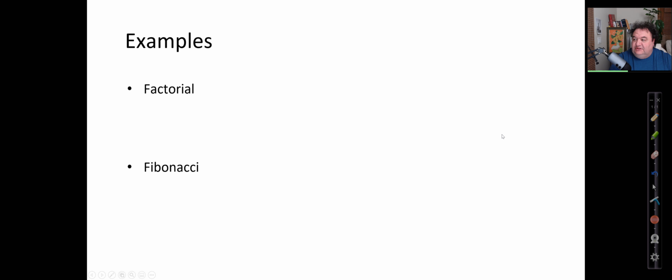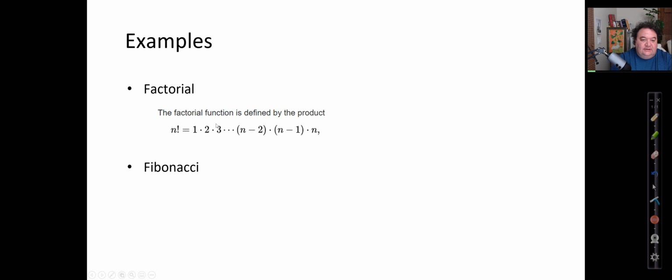So just to give a practical indication of how recursive functions work, we'll focus on a couple of simple examples. One is the computation of a factorial, and one is the computation of the Fibonacci sequence. Now, the factorial of a number n is defined as the product of all integers ranging from 1 to n.